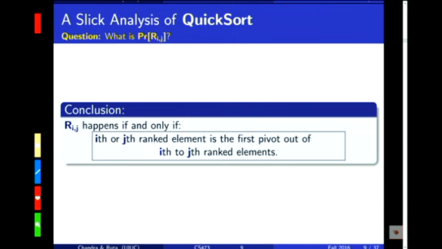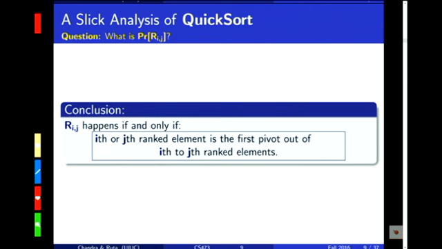So look at all the elements which are ranked between i and j. First thing we saw is, if you pick any element bigger than j or any element smaller than i, then you don't compare in that round. If you pick i or j, then you compare them. If you pick anything in between i and j, then you never compare them.